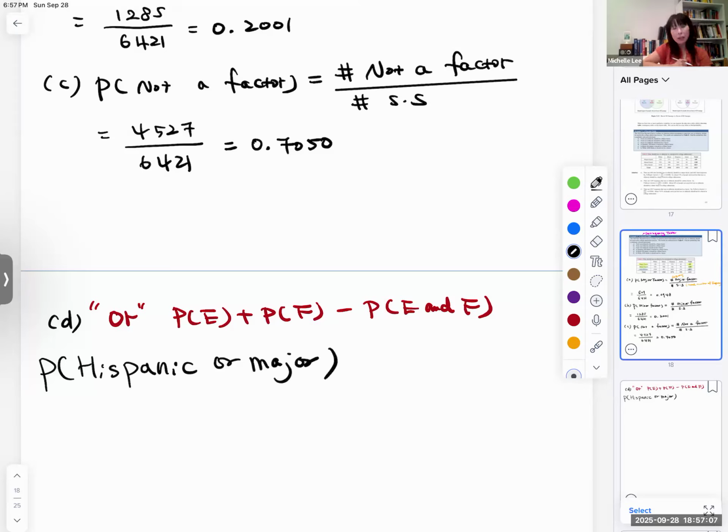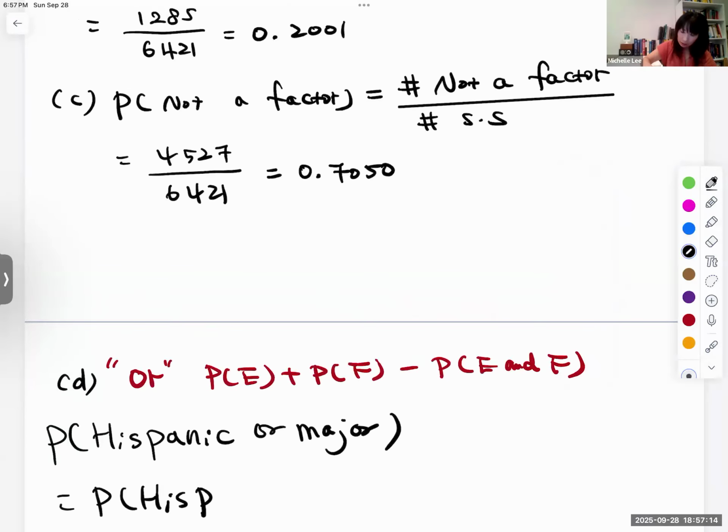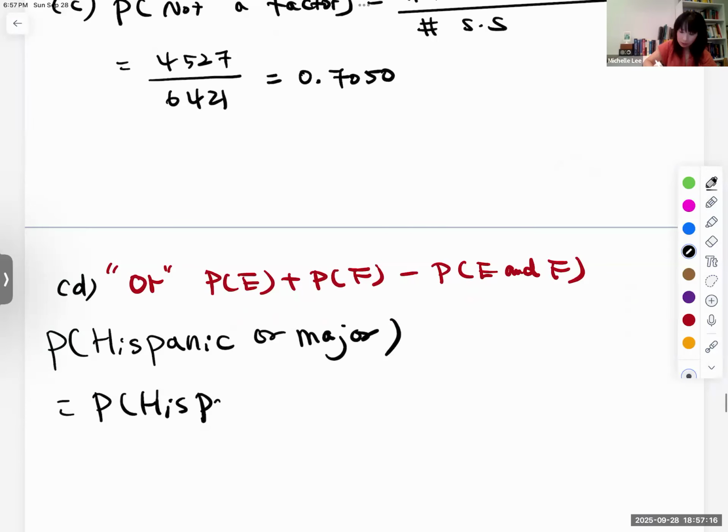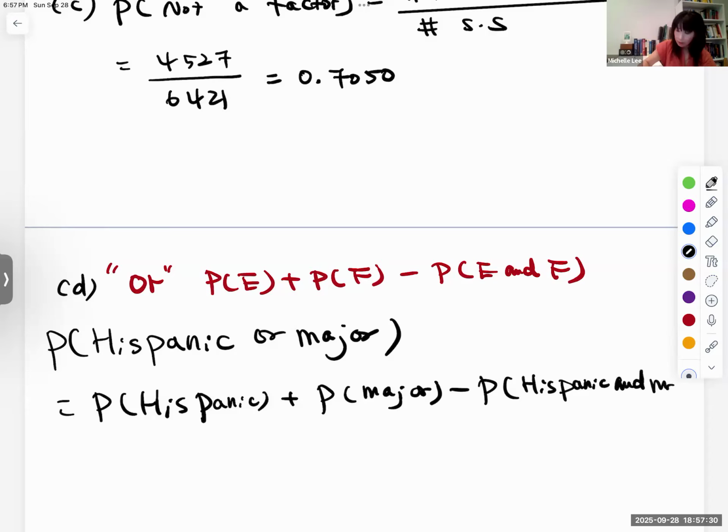Let me denote it like that, right? Okay, so there will be probability of Hispanic plus probability of a major factor and take away Hispanic and major factor, right?